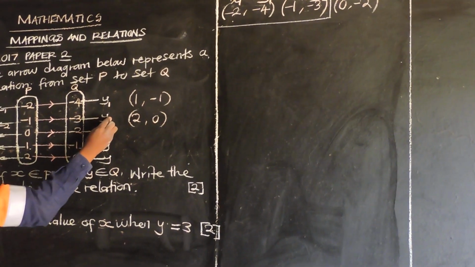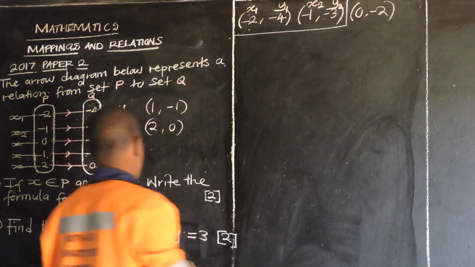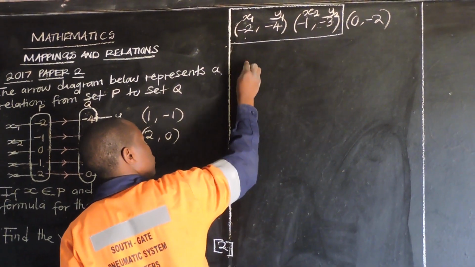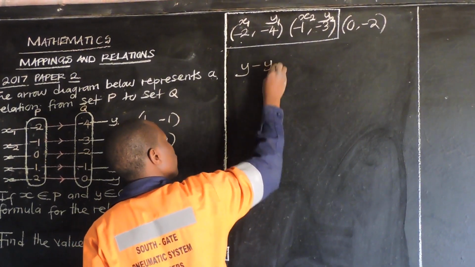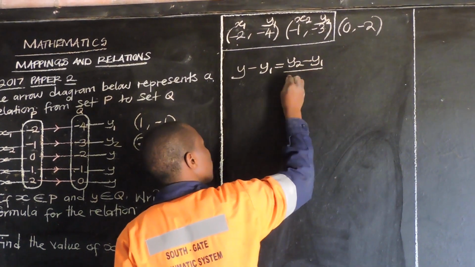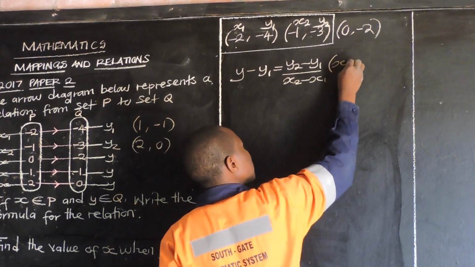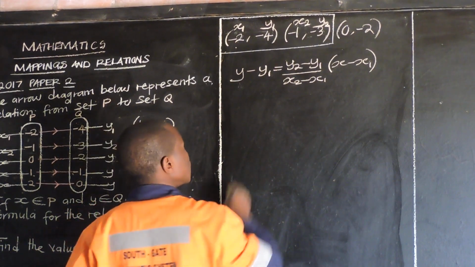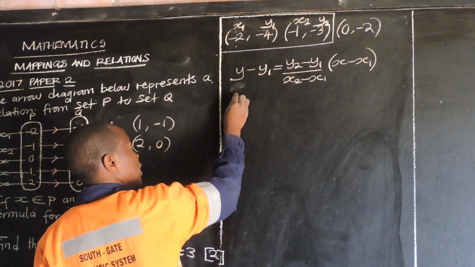X2, Y2. Then we're going to use this formula to come up with the formula they want. So the formula we're going to use is Y minus Y1 is equal to Y2 minus Y1 over X2 minus X1, open brackets, X minus X1. So what you do, you just substitute. You maintain this Y. Remember what I said in the first presentation, Y should be maintained.